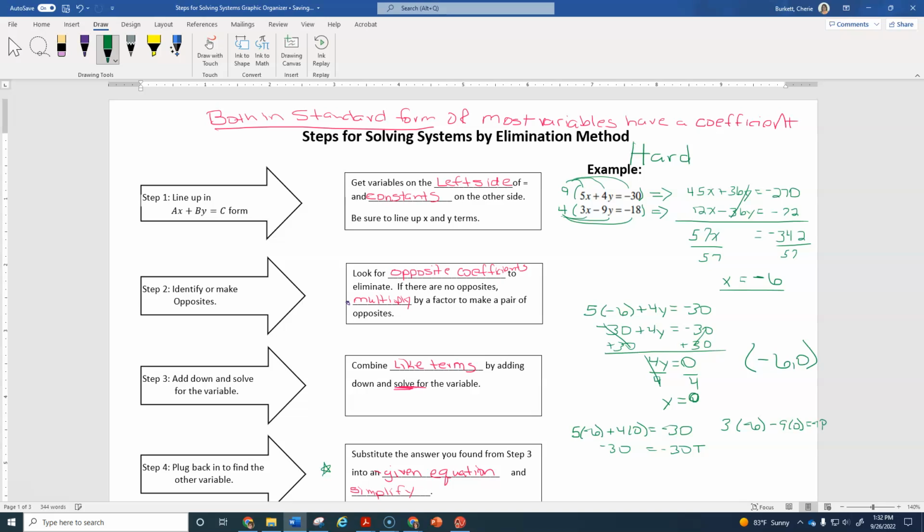That's supposed to be negative 18. Negative 18 minus 0 equals negative 18. So that's true. So the ordered pair (negative 6, 0) is a solution to the system.